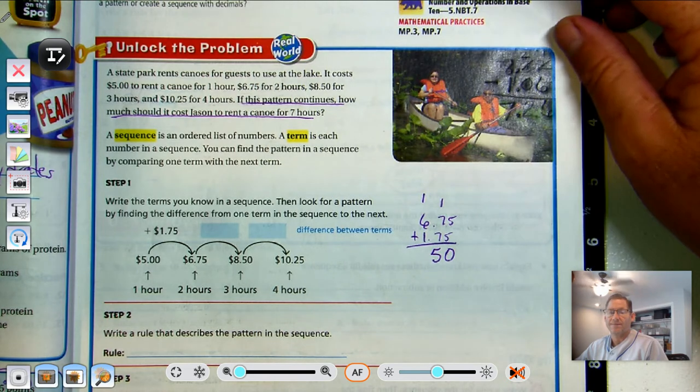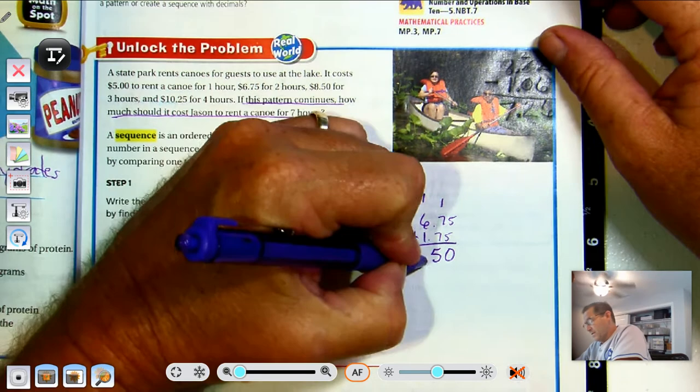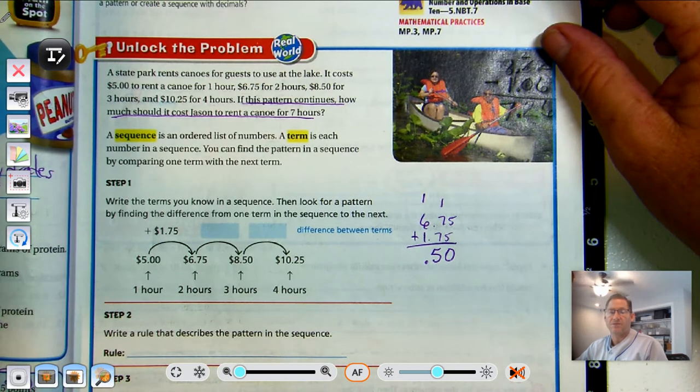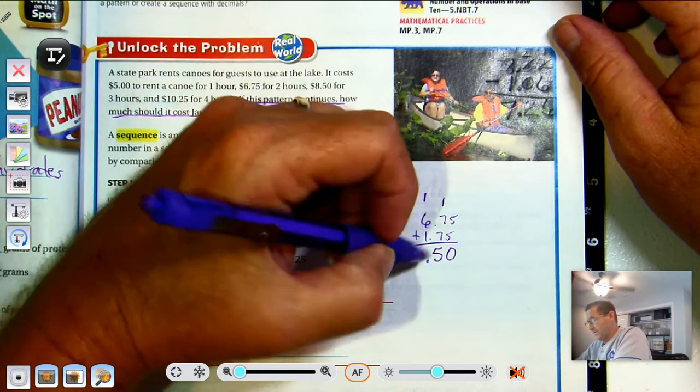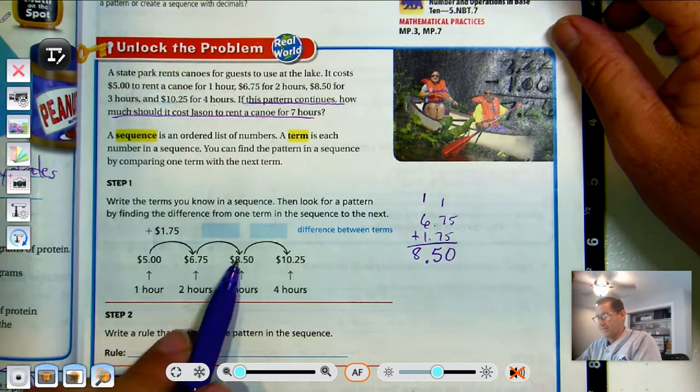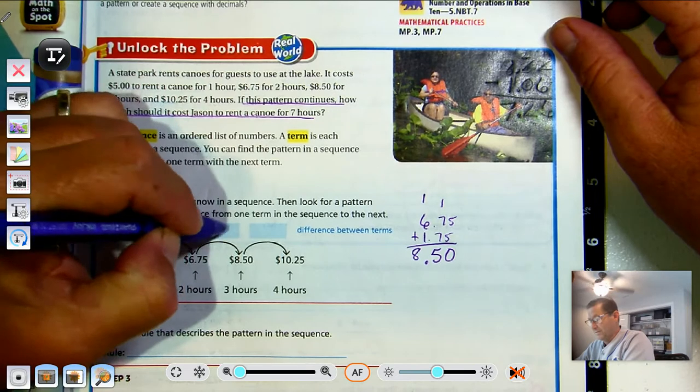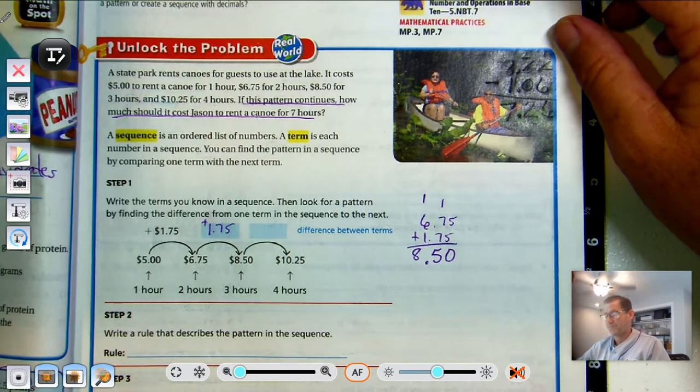Regroup that as 1 and 5 tenths. Place the decimal, since you're finished doing the decimal portion of the problem, and add the ones. 6 and 1 is 7, plus the regrouped 1, 8. So yes, it is adding $1.75.